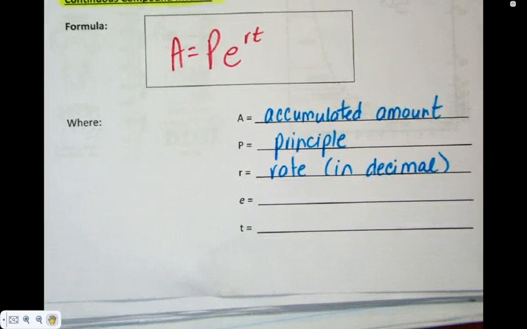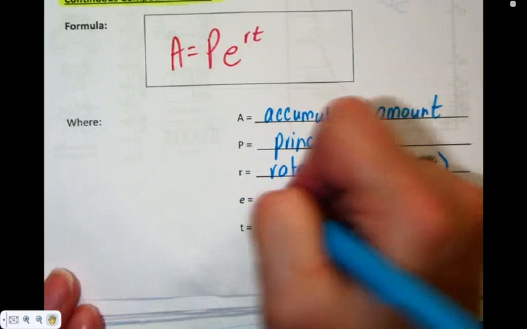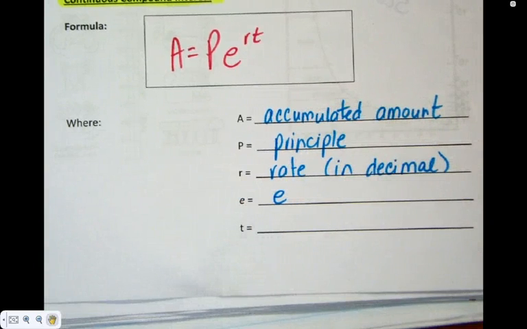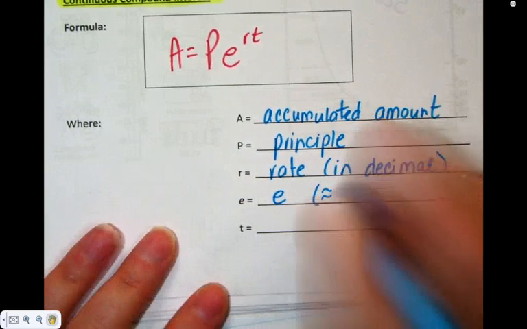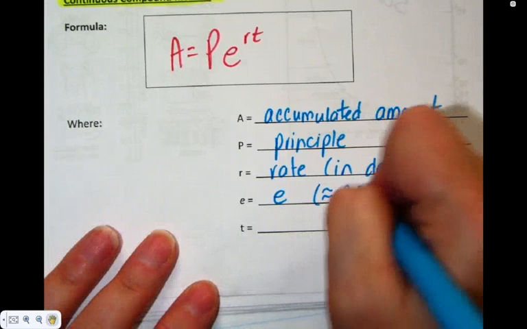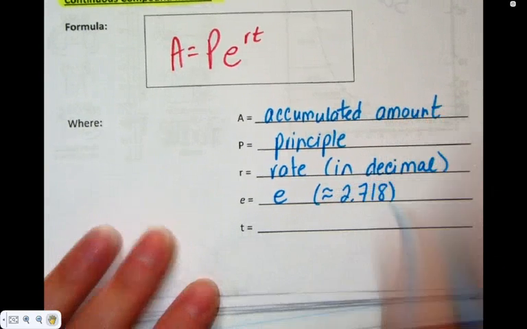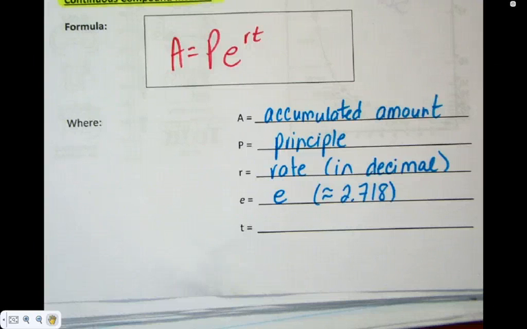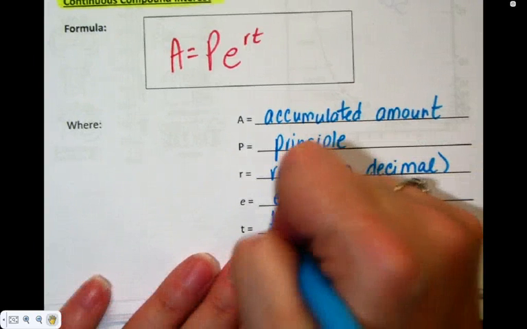What's e? It's not a variable. It's a value, approximately 2.718. And t is still time.